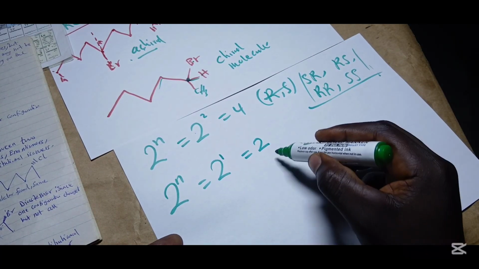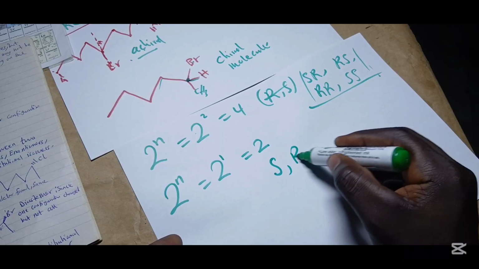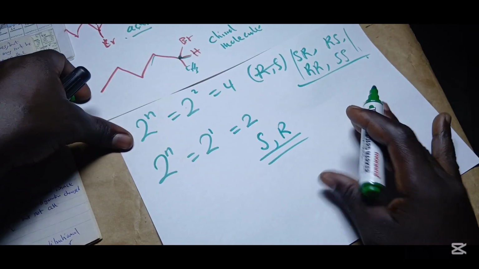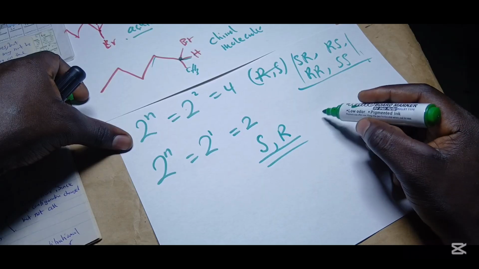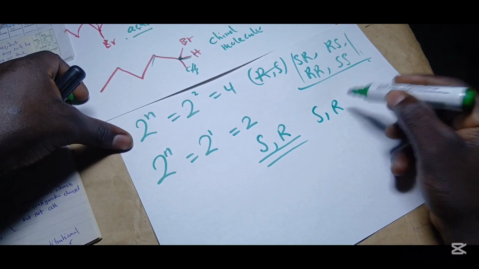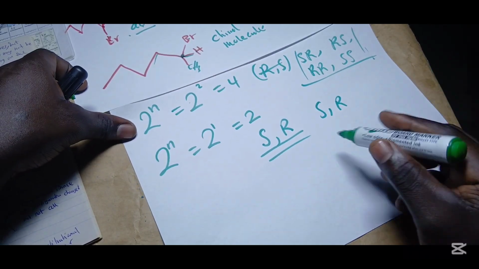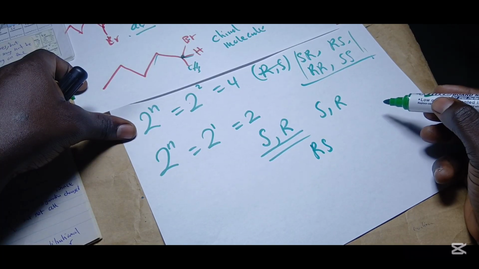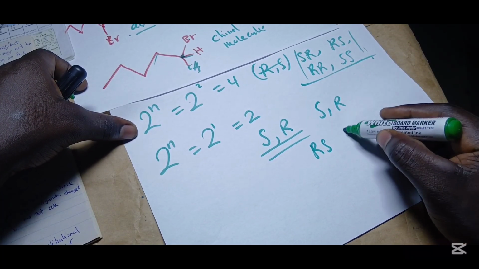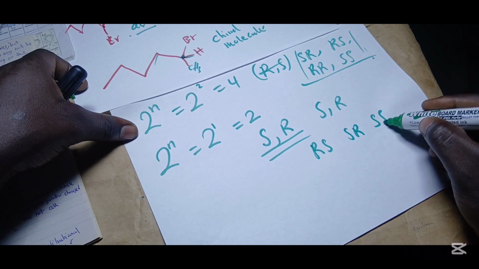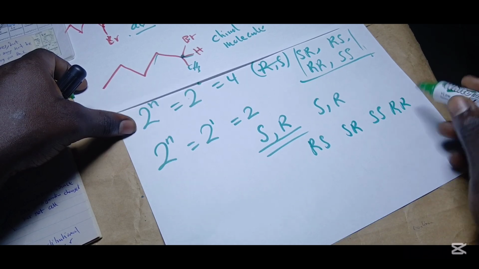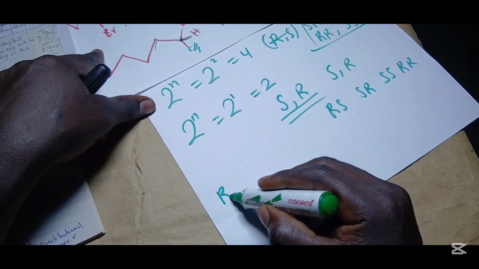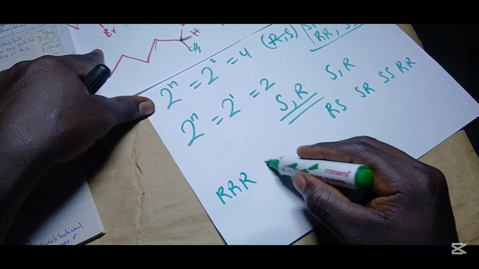So it's either going to be an S or R. If it is 1 chiral center, you'll be comparing it to S or R. If it's 2 chiral centers, you'll be comparing RS and changing it: RS, SR, SS, RR.